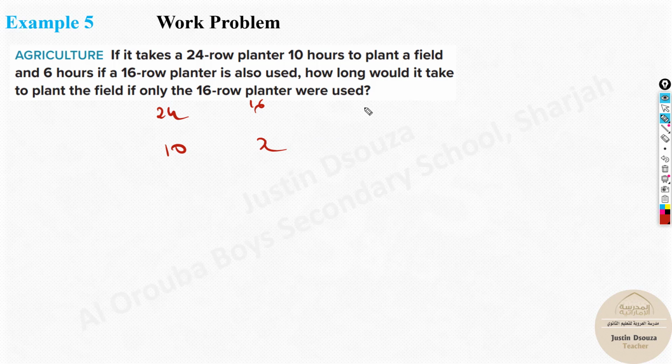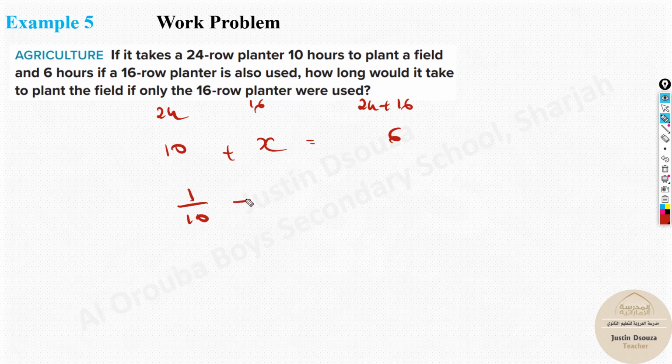Let's take it as X. But we know the total, that is 24 plus 16, is 6 hours. So for this it is 10 hours, for this it is unknown, but when we add both, it's going to be 6. So let's take the rate. We can't equate this plus this, no, this is wrong. But let us equate the rate of the unit of work which is done in 1 hour.